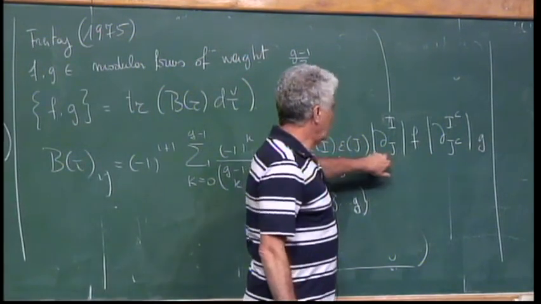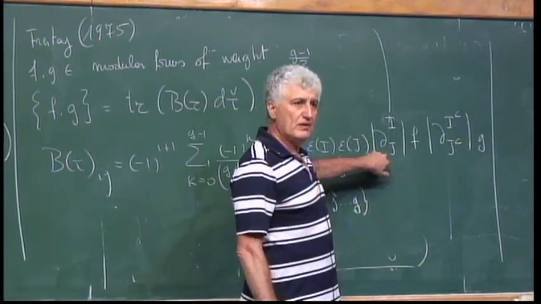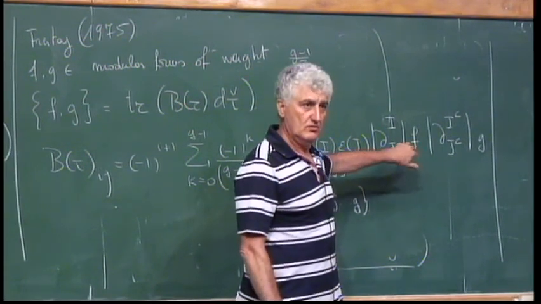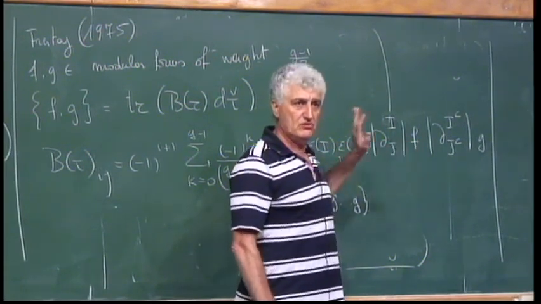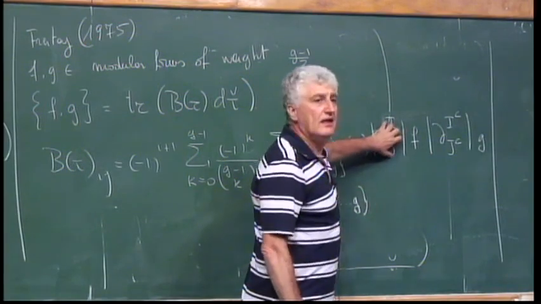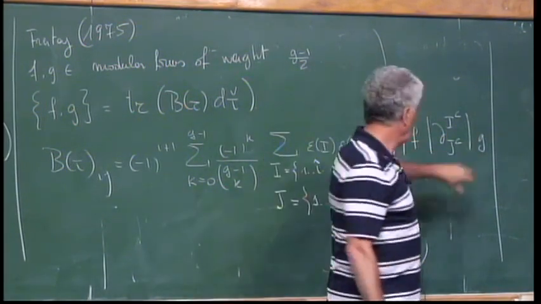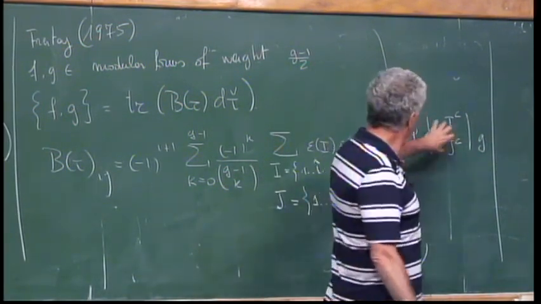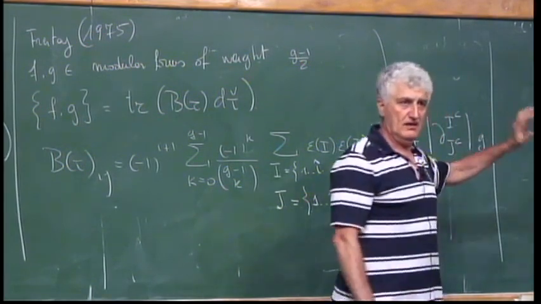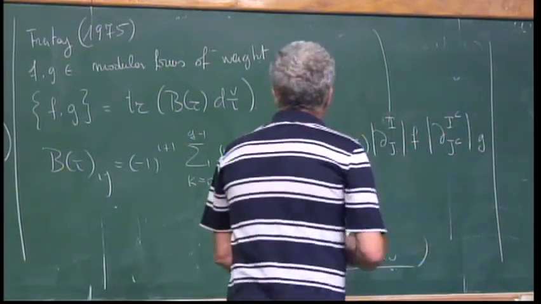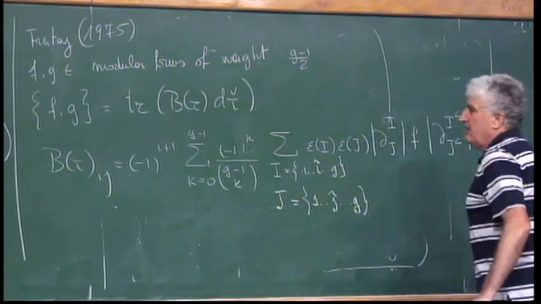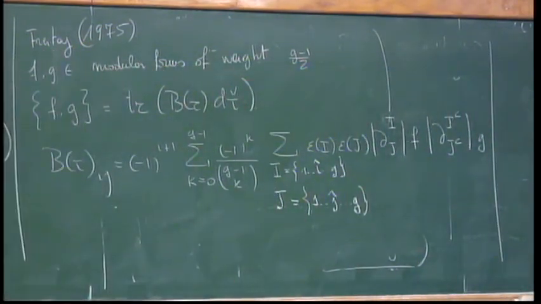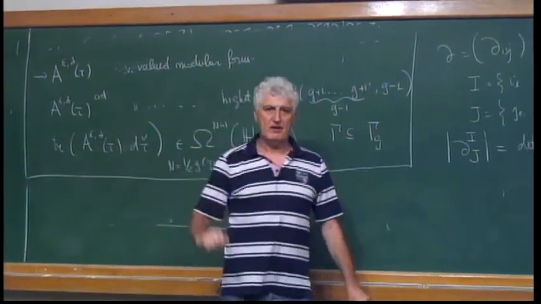In this case, differential operators of very high order appear. To the function f, you apply a differential operator of order k. And the same here, and here it is g minus 1 choose k, so same thing. In this case, you have just a first order derivative with respect to tau ij.